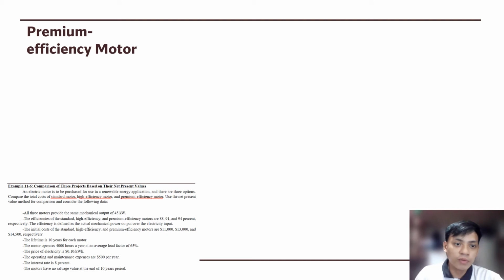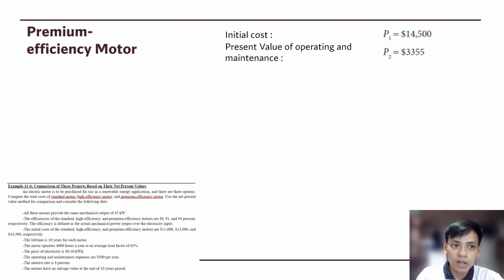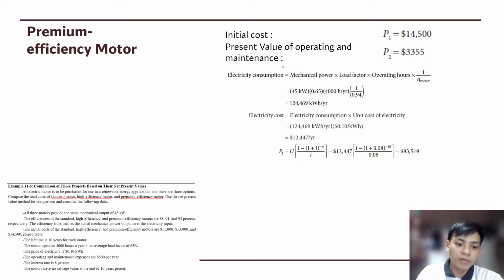Lastly, the premium efficiency motor. The initial cost of a premium efficiency motor according to the problem is $14,500, a bit higher than the other motors, with the same maintenance and operating expenses. For the third present value, the efficiency of the premium efficiency motor is 94%, which is higher than all motors.